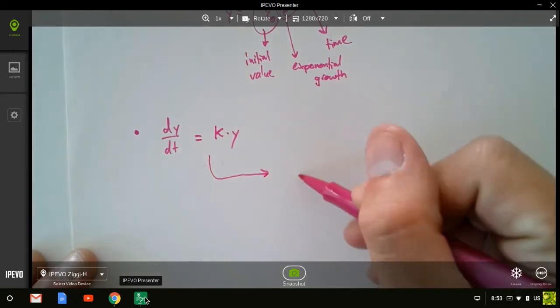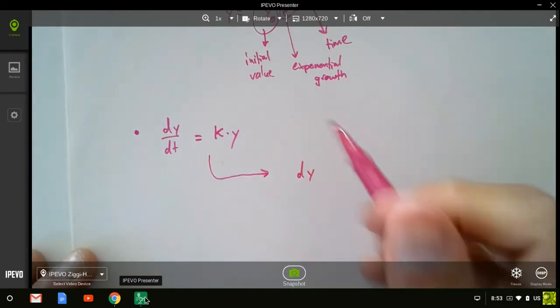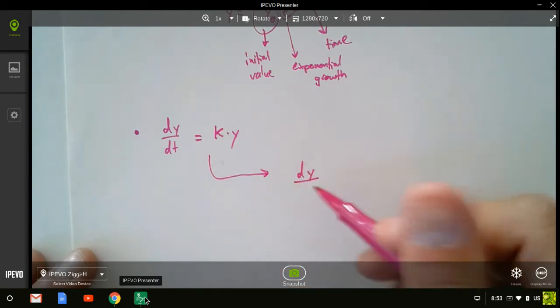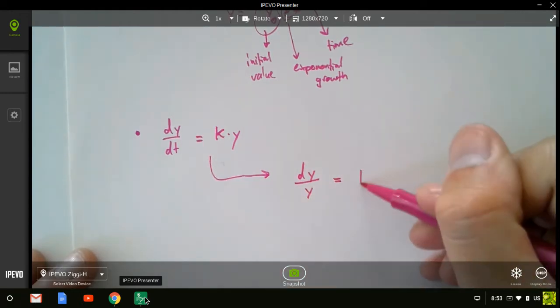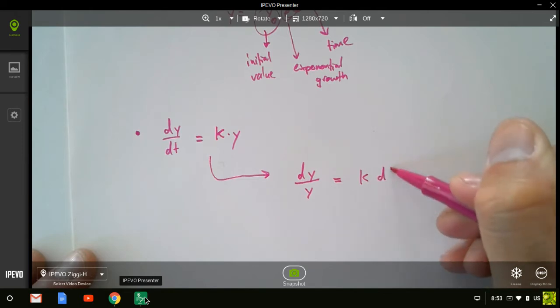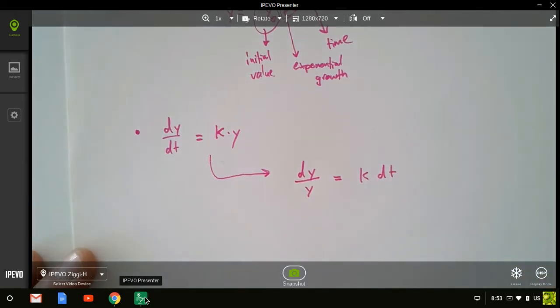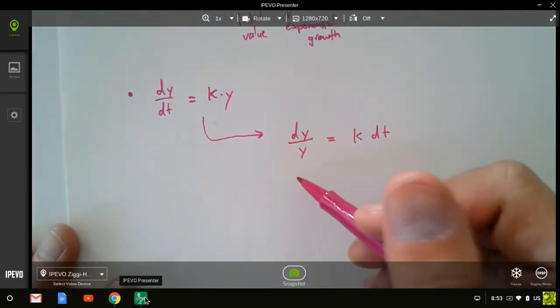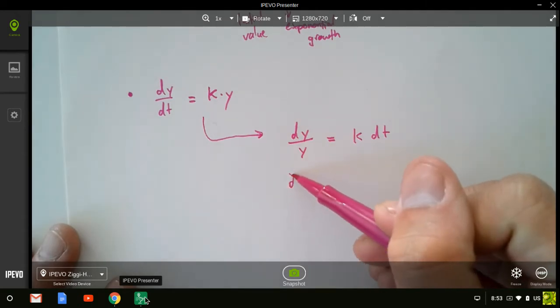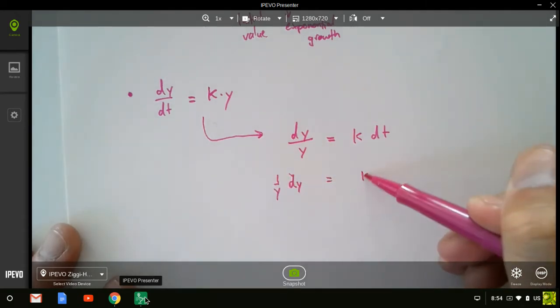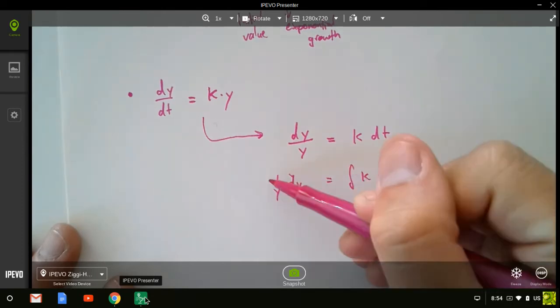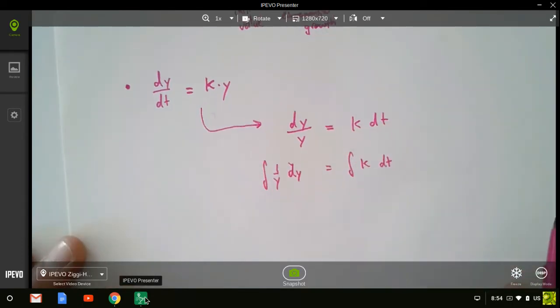Then what you're going to do is take dy, and we know you're going to divide both sides by y, so I'm going to skip a few steps here. Then you're going to have k dt. If I wanted to rewrite that, it would be 1 over y dy is equal to k dt, and then we take the integral of both of these.